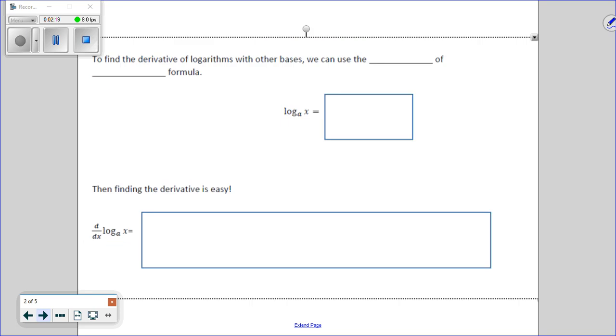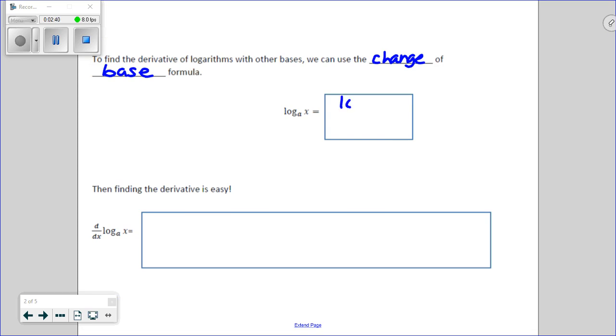Okay, now, what about logarithms with other bases? Well, to find that derivative, we can use what's called the change of base formula. And change of base formula says if you have log base a of x, that is equal to natural log of x divided by natural log of a.